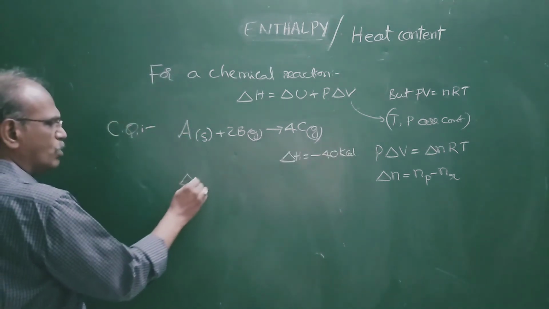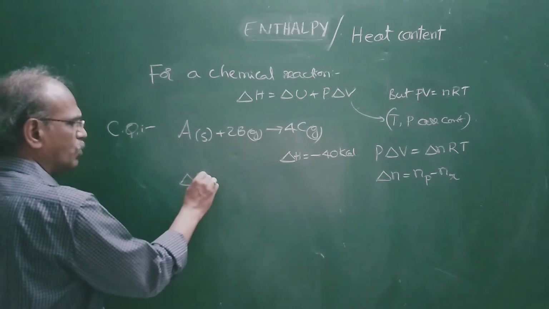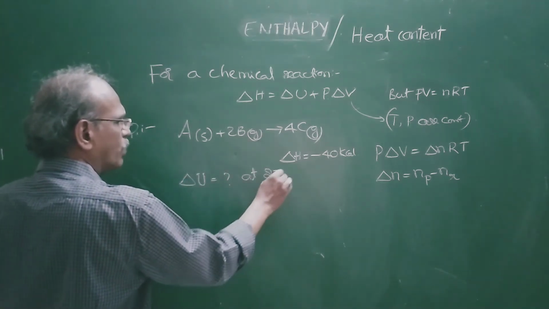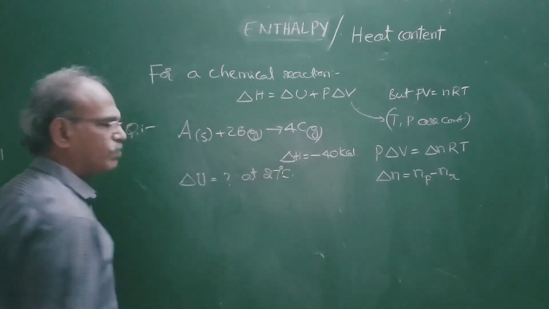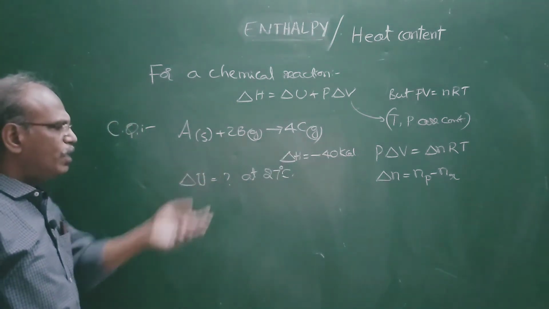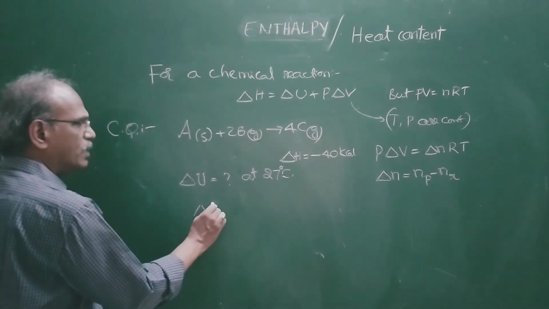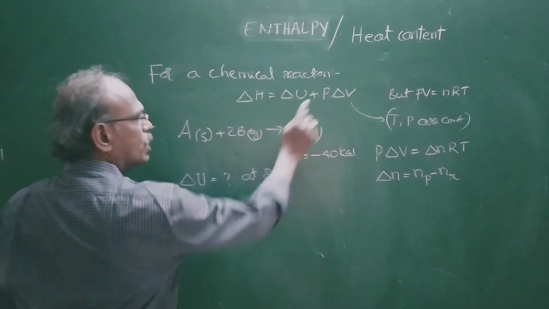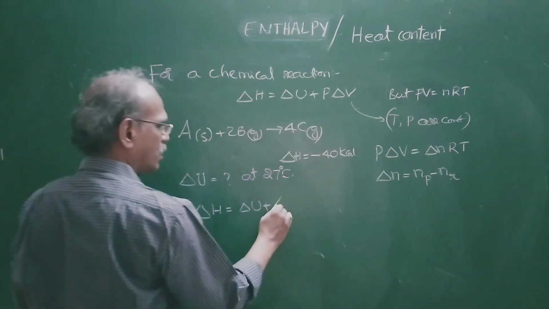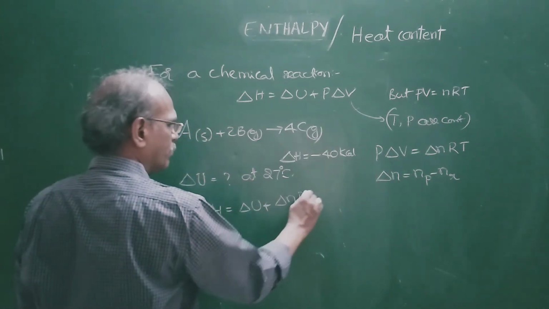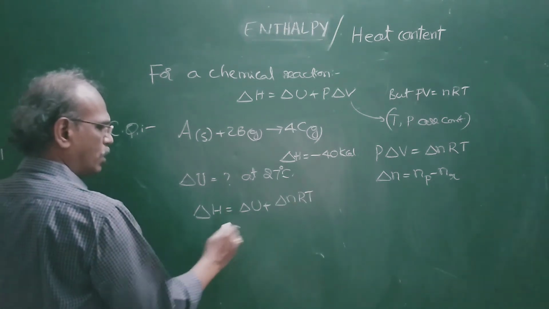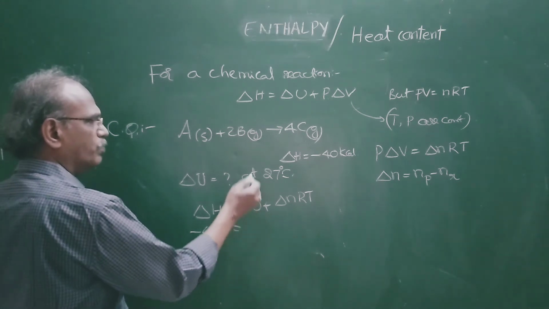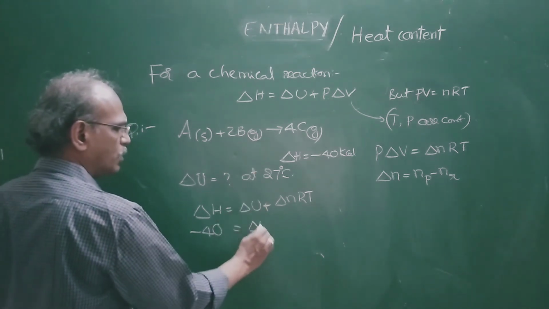The question asked is, what is the delta U for this reaction at 27 degrees centigrade? Now we know that delta H is equal to delta U plus, instead of P delta V, you can write delta n RT, or delta H is minus 40, delta U to be calculated.